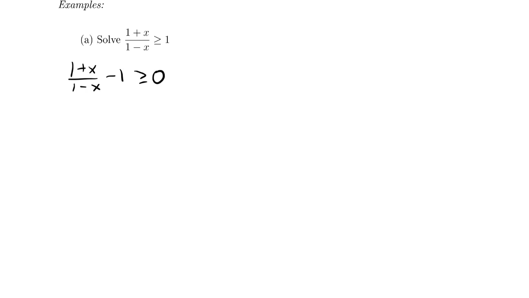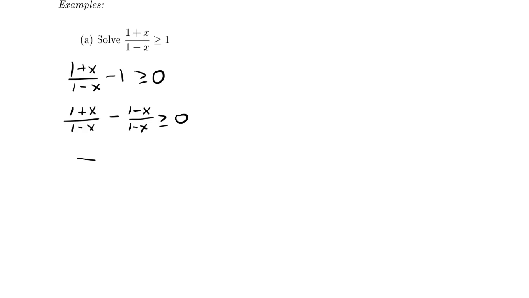The only denominator we have is 1 minus x, so that's going to be our least common denominator. I'm going to multiply top and bottom of the 1 by 1 minus x, so I'm really just going to get (1 minus x) over (1 minus x), which is the same thing as 1, greater than or equal to 0.